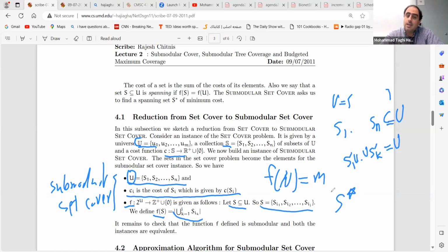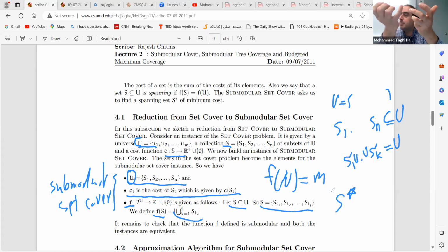Here, this is the f. By the way, we also need to say f is submodular. It is easy with the definition of marginal gains that I mentioned. If you consider two sets, where the first is a subset of the other, and you add a set to the larger one, it will add less to the size of the total union. Why?